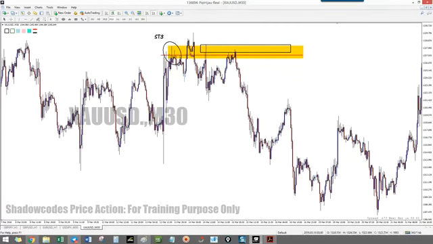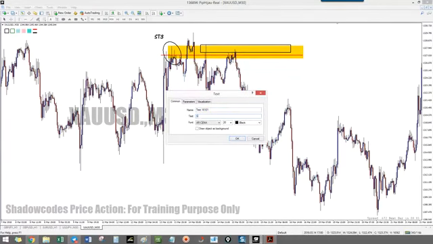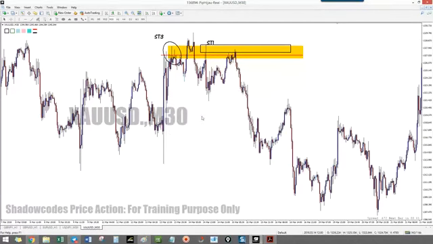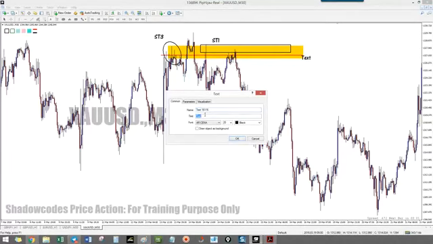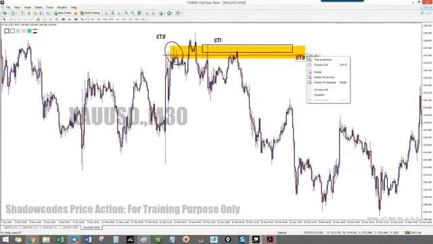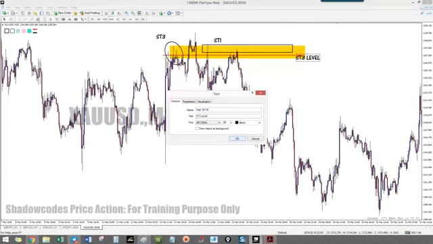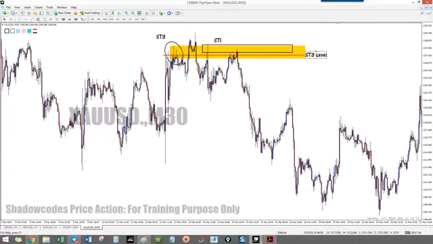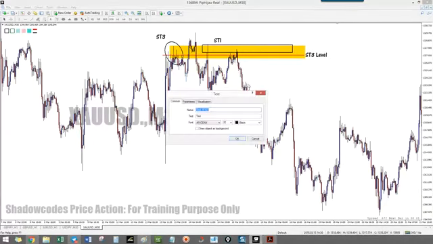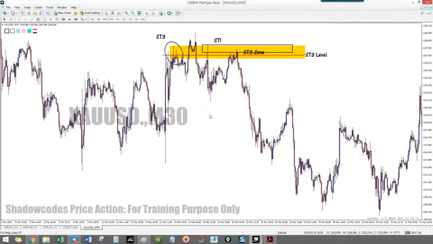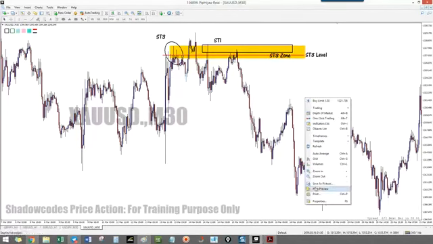Okay. Got ST1. ST3 level. ST3 zone. Okay, screenshot.